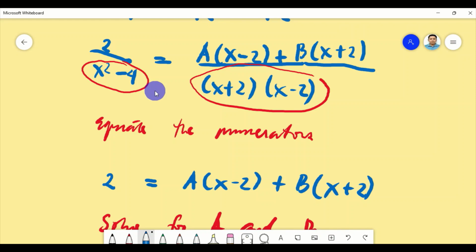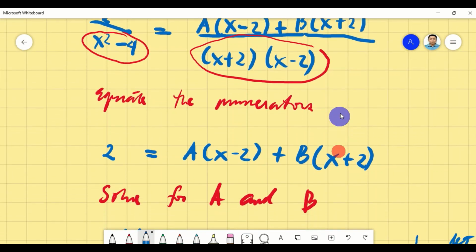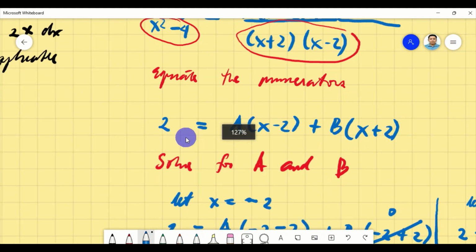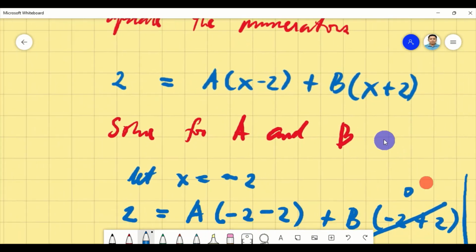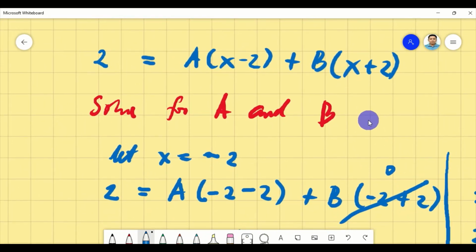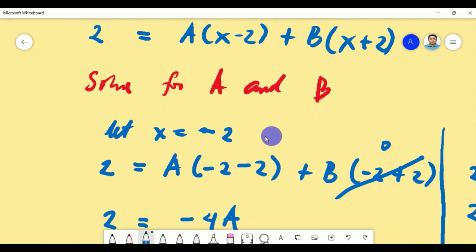Since the denominators of the left and the right side of the equation are the same, you can actually equate the numerators. So we have this equation. Now, you need to solve for a and b. And how are we going to do that?